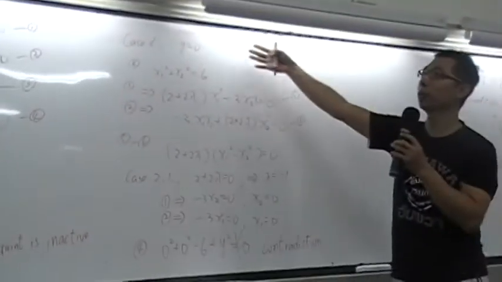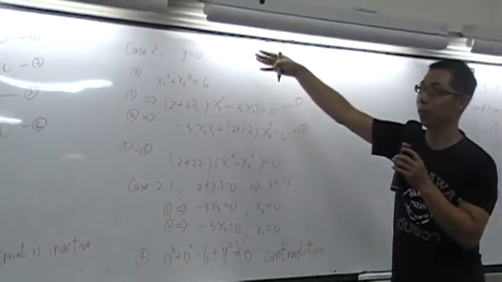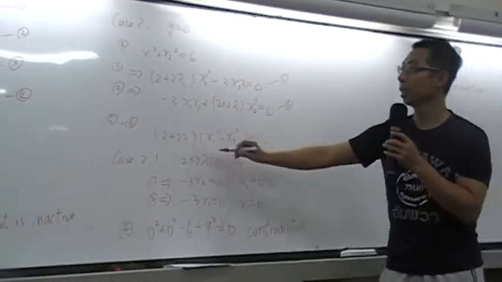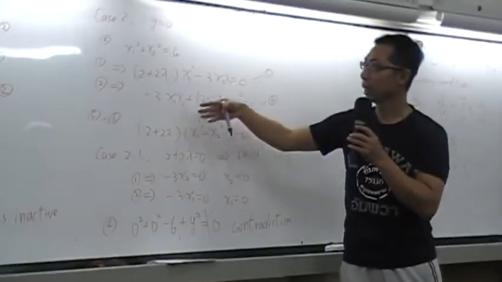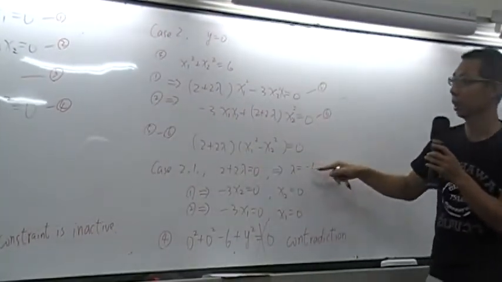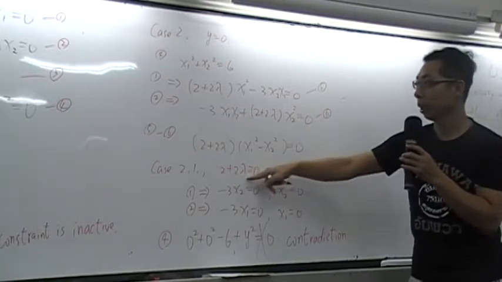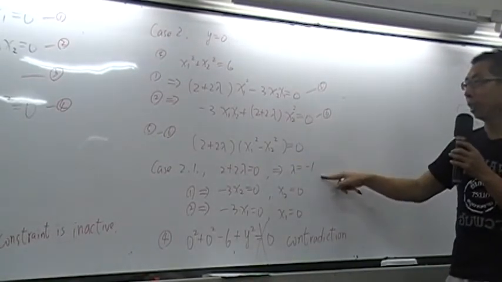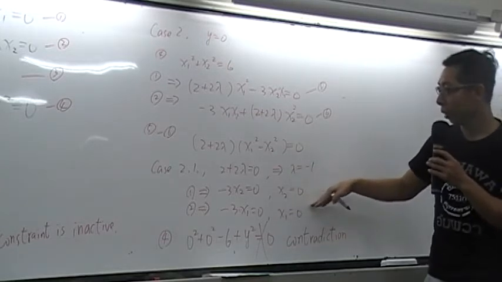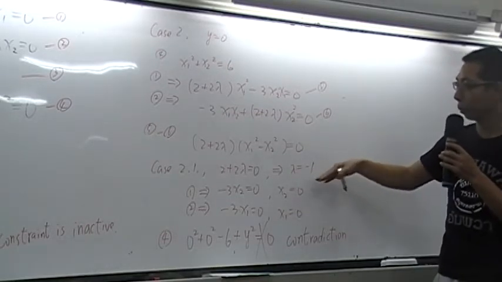In case 2, y equals 0. 可以吗？刚才第二个情况就是 y 等于0。这样解出来之后，你会发现，在 case 2里面又要分两种情况。第一种情况是2加2 lambda 等于0 ，OK。When 2 plus 2 lambda equals 0, lambda equals negative 1. But in this situation, x1 and x2 they will both become 0.